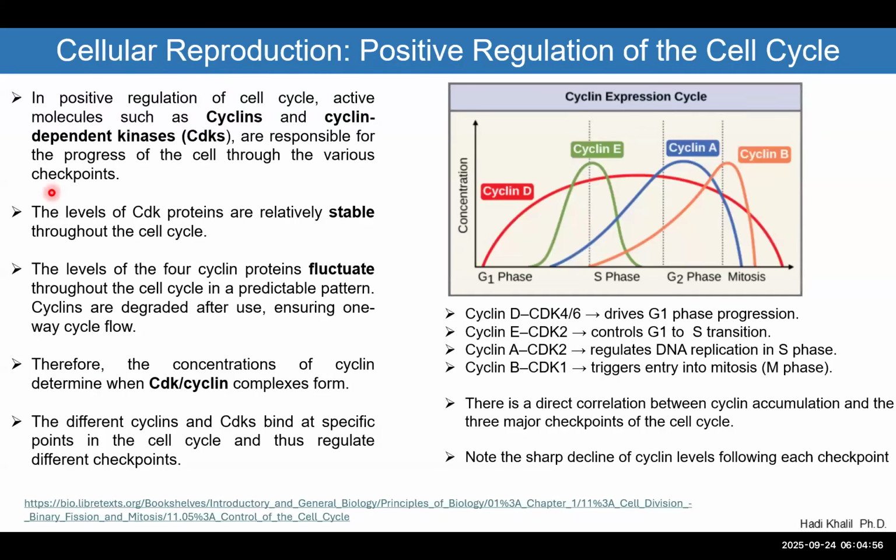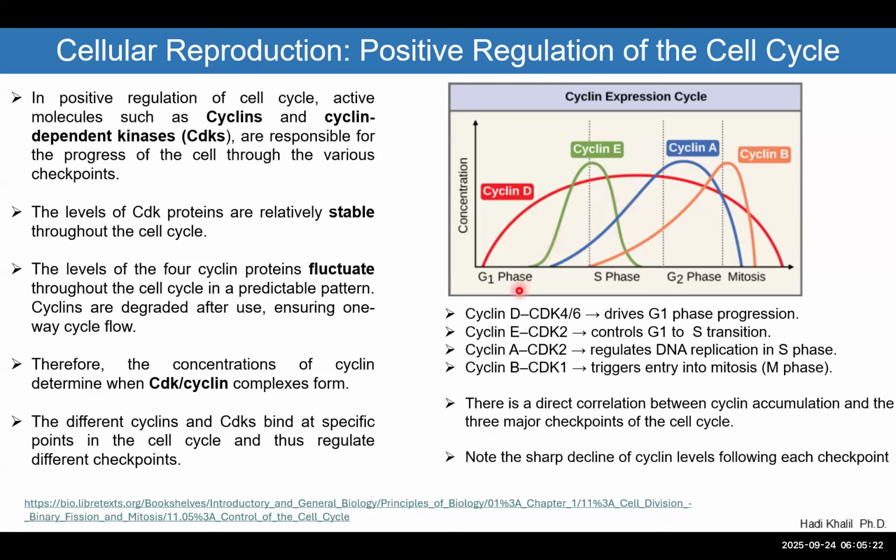Okay. However, within the cell cycle, and as you can see in this graph, the level of the cyclins fluctuates. So some of these are upregulated and then downregulated. They are upregulated in the beginning of G1, like cyclin D, and it keeps on till the end of the process of the mitosis.